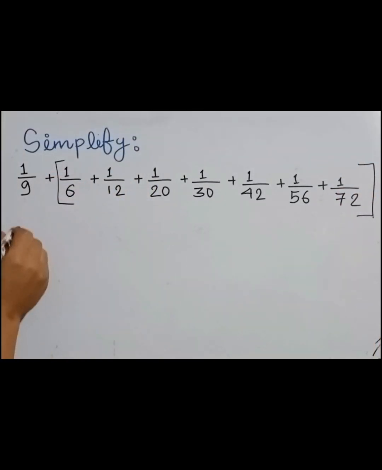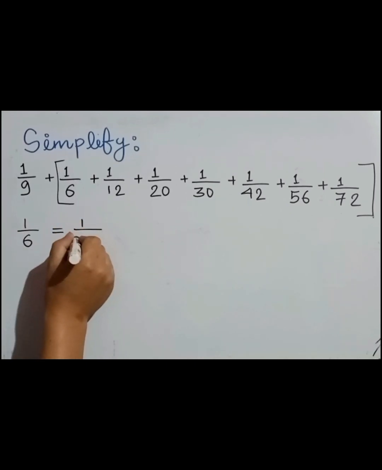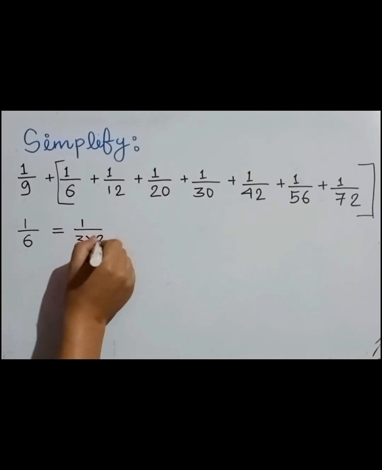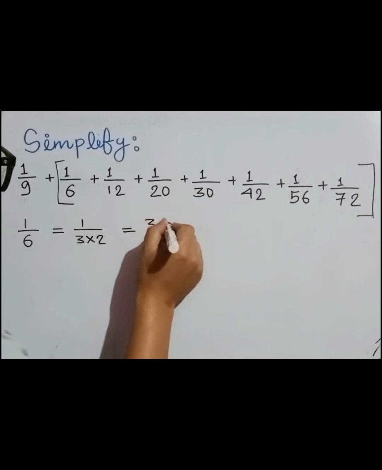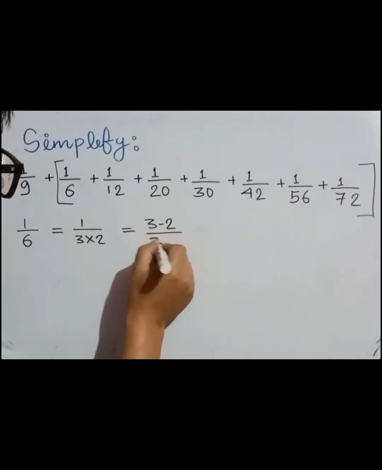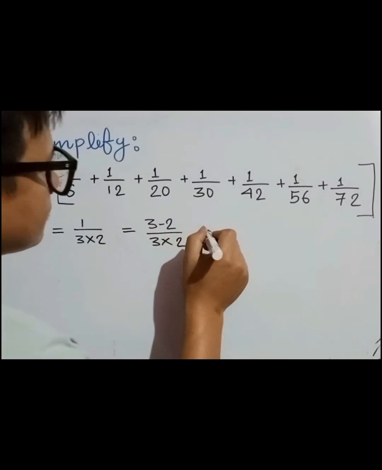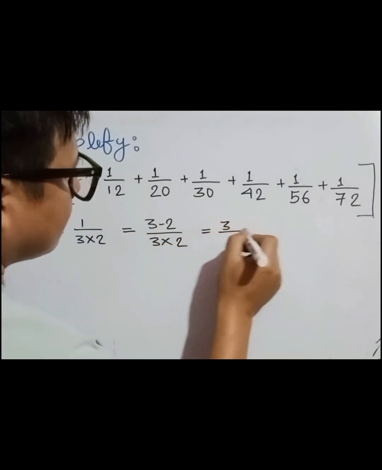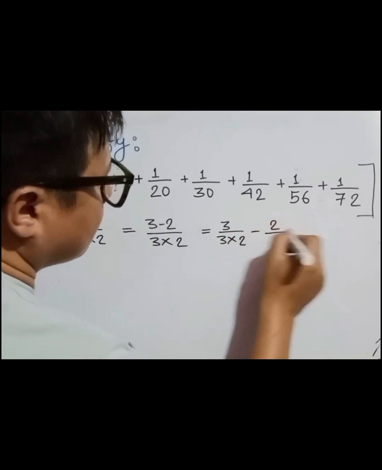So first of all, let us simplify the second term, 1 upon 6, and this is equal to 1 upon, we can write 6 as 2 into 3 or 3 into 2, and 1 is the difference of these two numbers in the denominator, and we can split this as 3 upon 3 into 2 minus 2 upon 3 into 2.